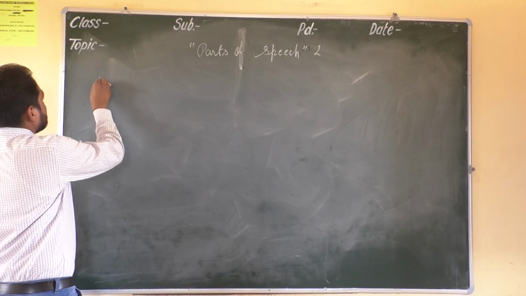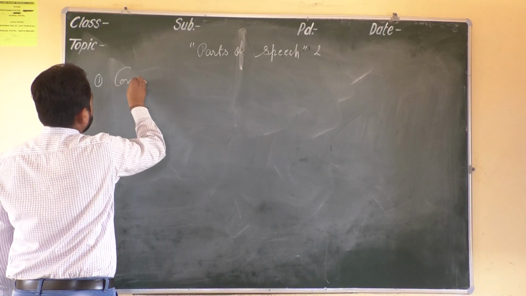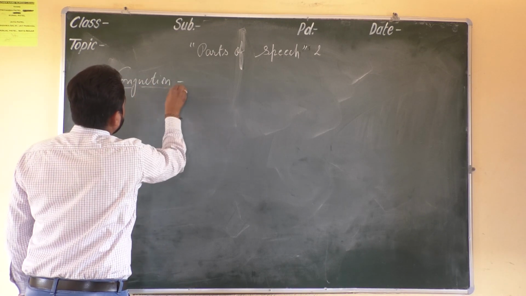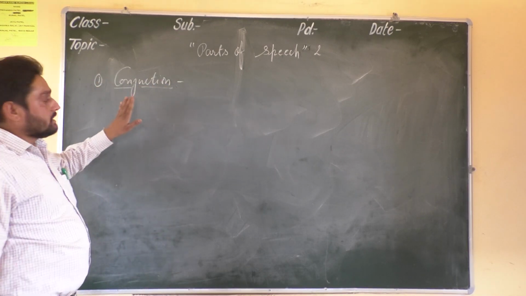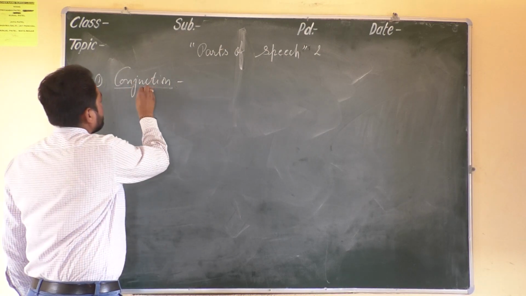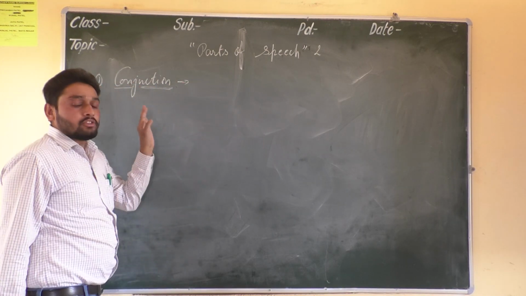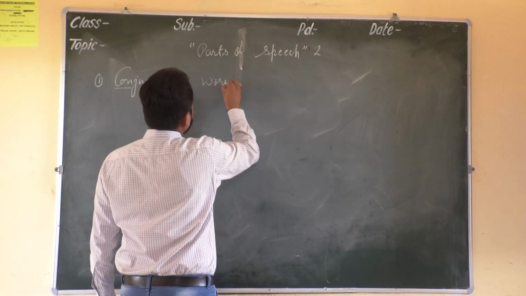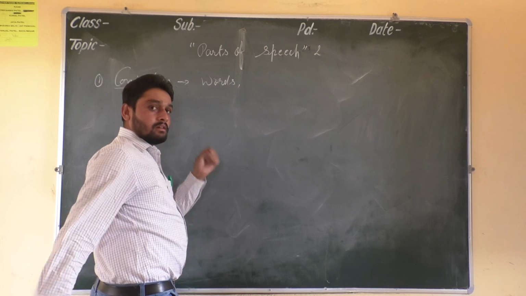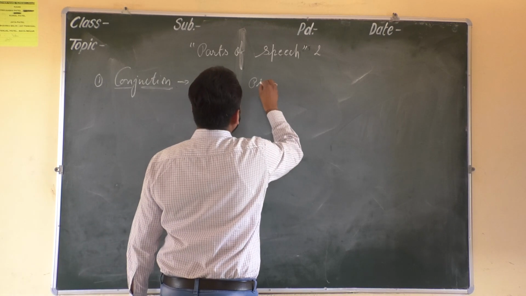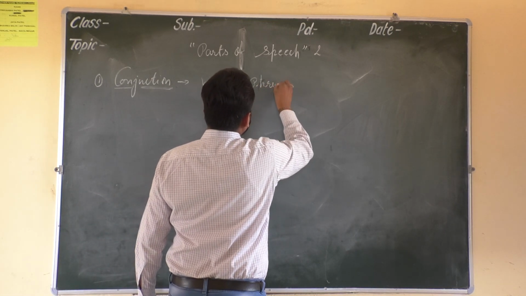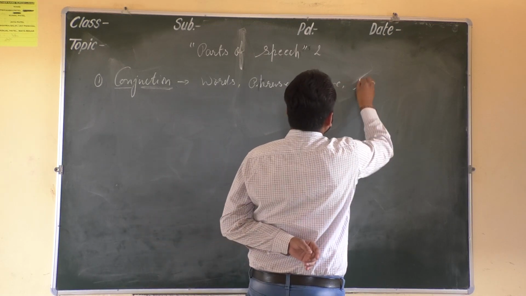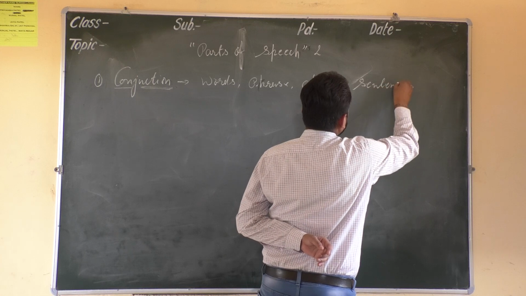Number one is the conjunction. The number 5 part of speech is conjunction. Conjunctions are those words which join words, phrases, clauses, and sentences.